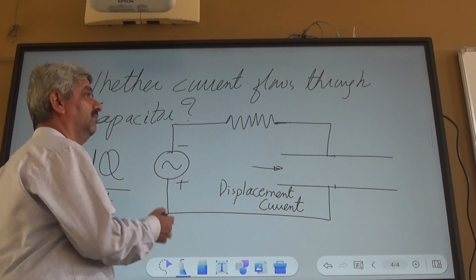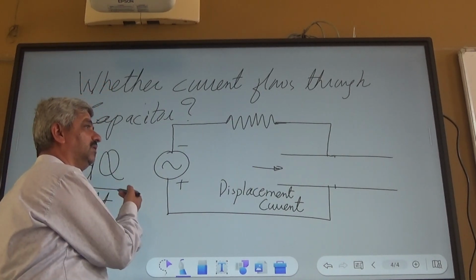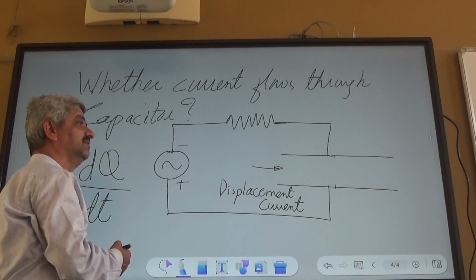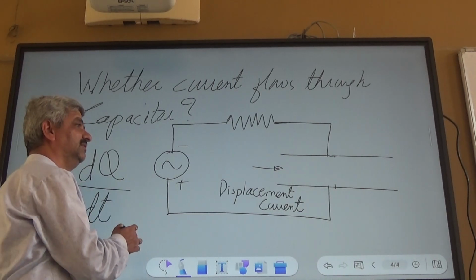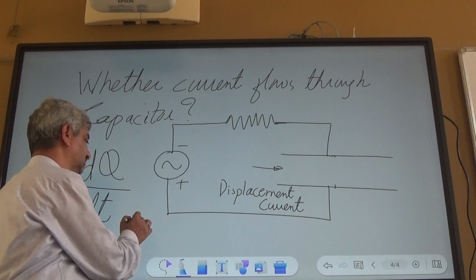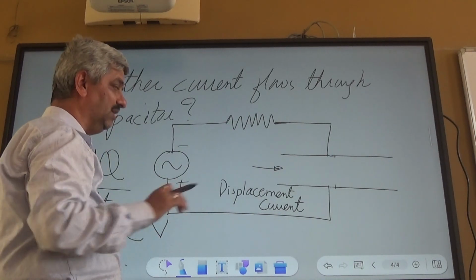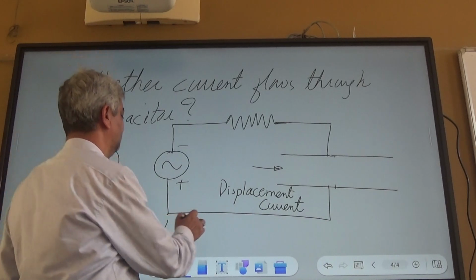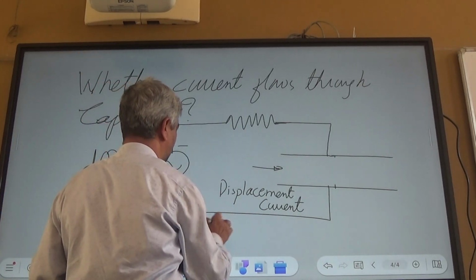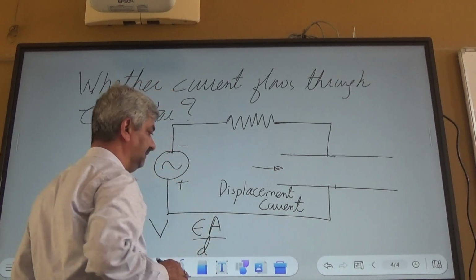So Q, what is capacitance? Q equal to CV. What is C? Epsilon A by D.